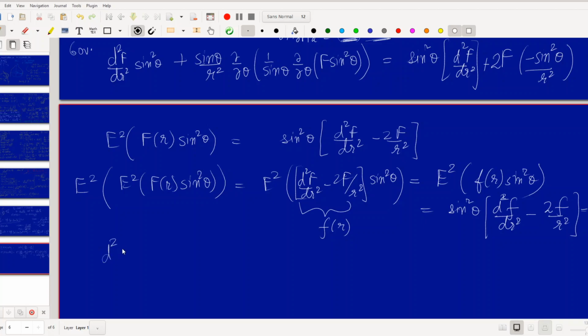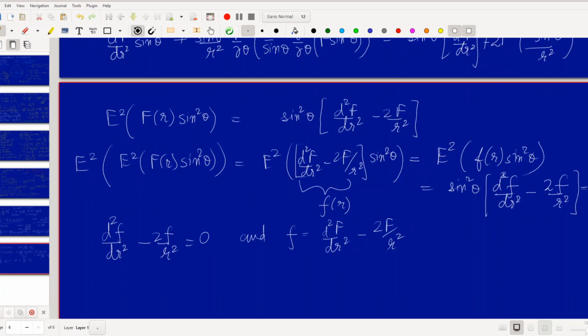So essentially in the end we have d2F/dr2 minus 2F by r square equals 0, and small f equals d2 capital F/dr2 minus 2 capital F by r square. So these are the Gurney equations.